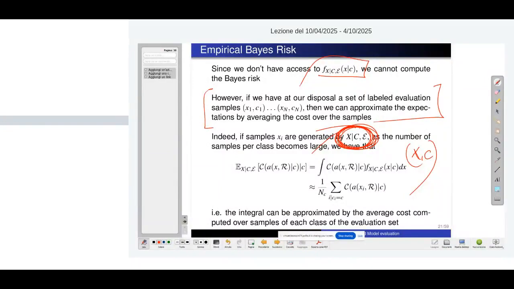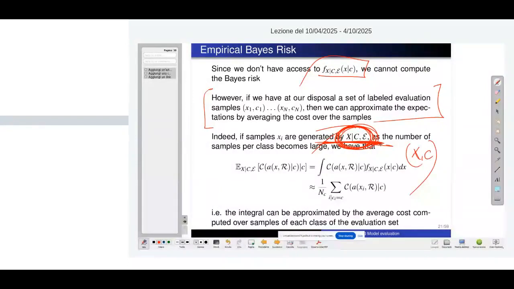But we can imagine that for each class, the samples are taken from the class conditional distribution of the application. Of course, this may not be true. If this is not true, our evaluations, our metrics, will not reflect our application. But that's, as always, if we have no assumptions on what will happen in our application, we can make no prediction of what will happen when we use our system.